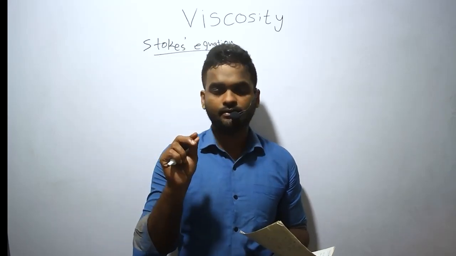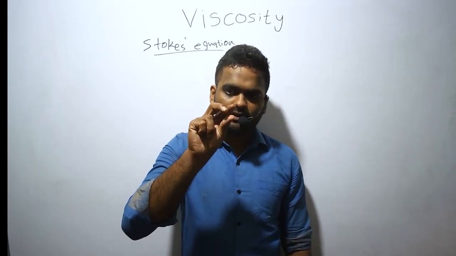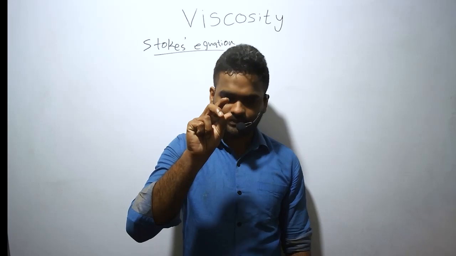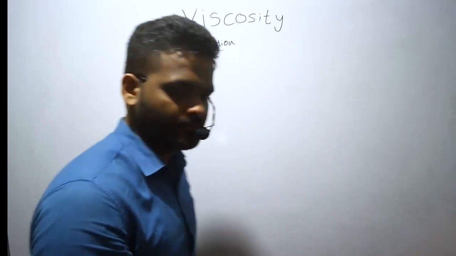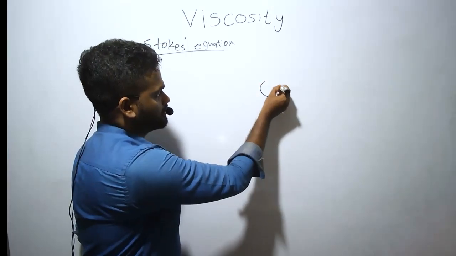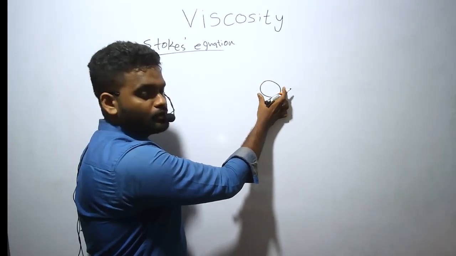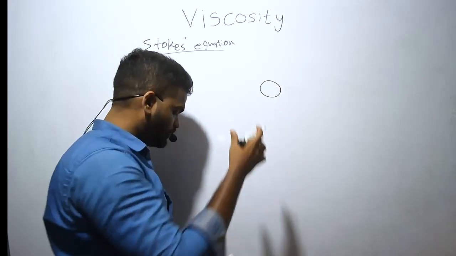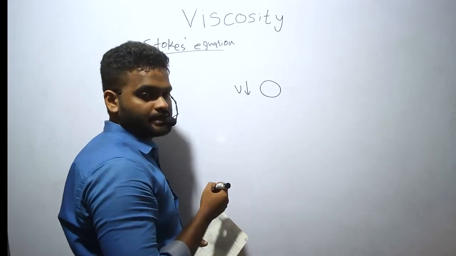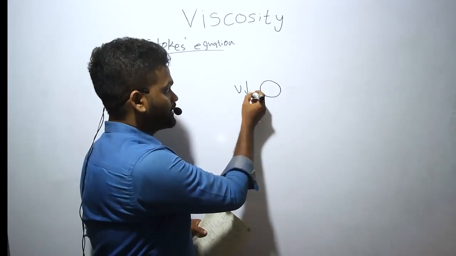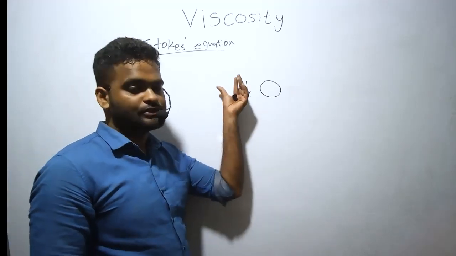So here we are talking about a small solid sphere going through a viscous fluid, let's say at velocity v, going through a liquid, let's say water, or this could be air as well.